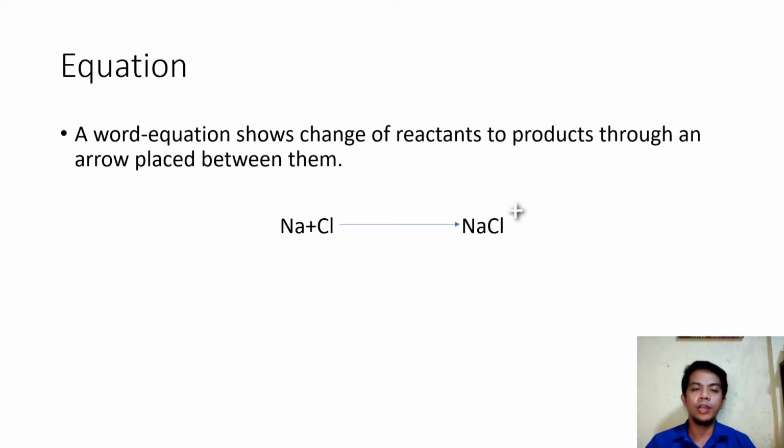A word equation shows change of reactants to product through an arrow placed between them. So this is an example of an equation. The reactants are written on the left side. This is the reactant, sodium plus chlorine. Then the products are written on the right side.